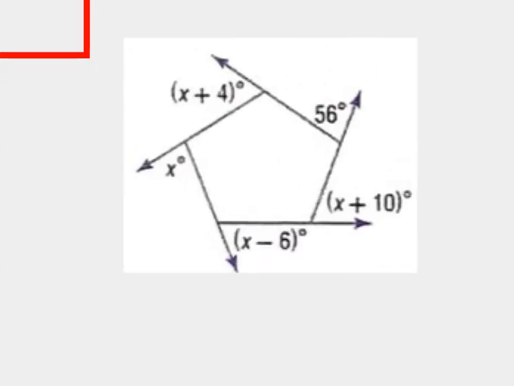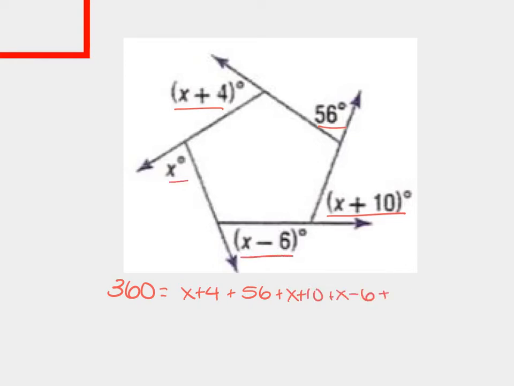When I have something like this, it doesn't actually matter how many angles I have. Instead, I'm just going to add them all up and set them equal to 360. So I have 360 equals x plus 4 plus 56 plus x plus 10 plus x minus 6 plus x.